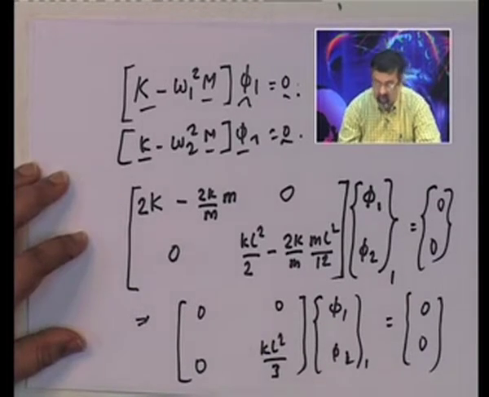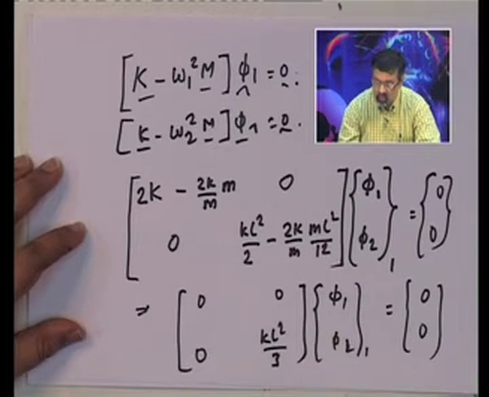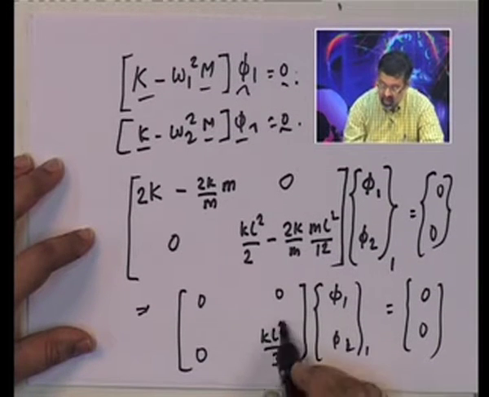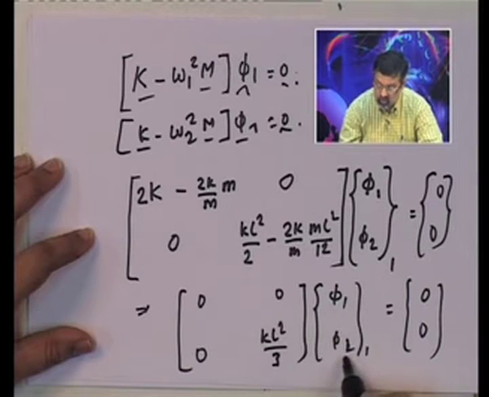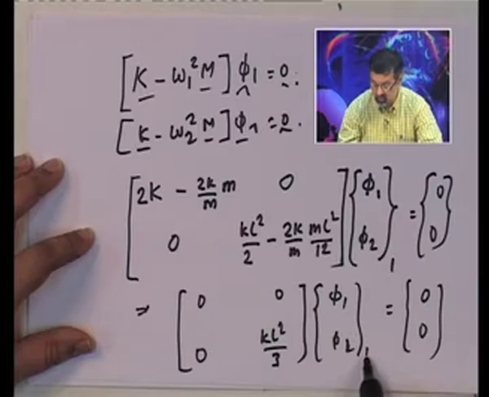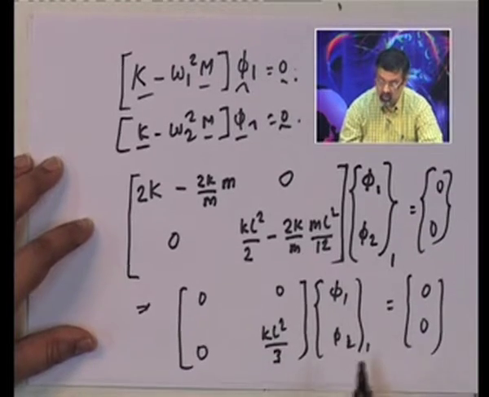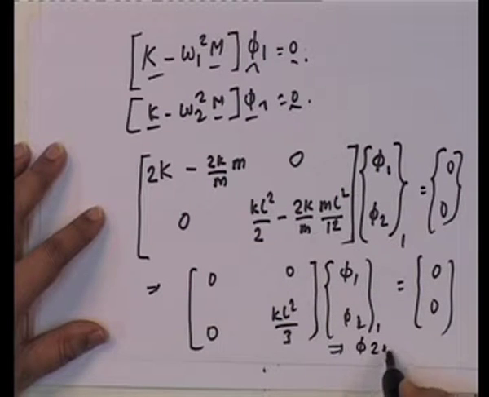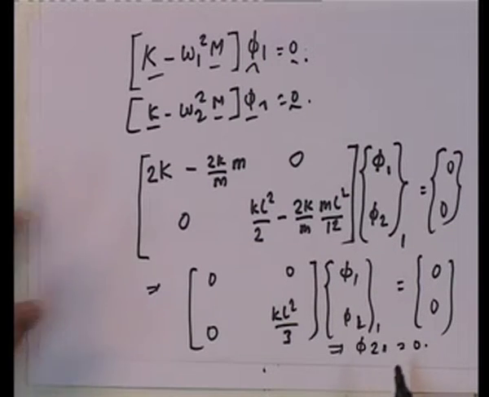What does the second one give you? The second one gives you k L squared upon 3 into phi 2 of 1 is equal to 0. So, what does that mean? This implies that phi 2 of 1 is equal to 0. So, what is phi 1? Well, everything is in terms of phi 1.